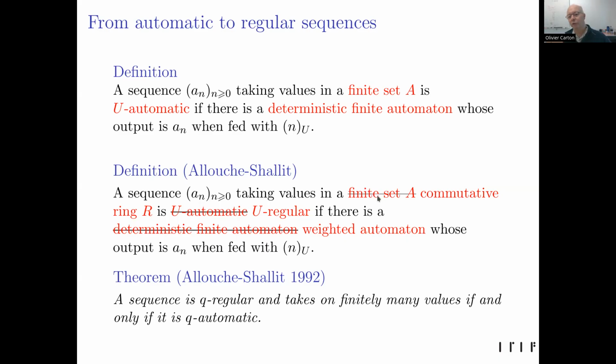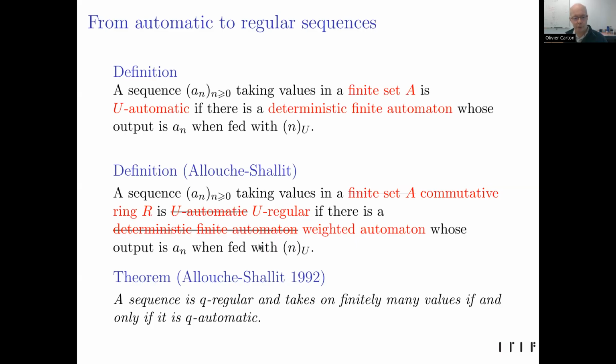It can take values in any commutative ring R. And then the sequence is said to be U-regular for the numeration system U if and only if there is a weighted automaton, we will see what it is, whose output computes a(n) when it is fed with the canonical expansion of n in the numeration system U.